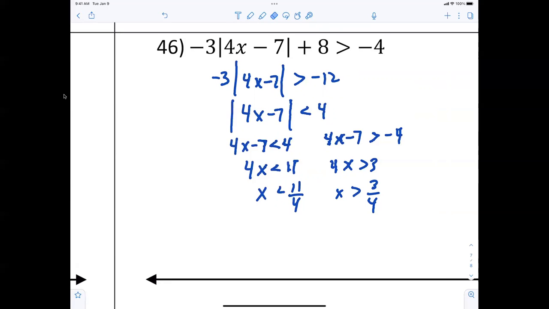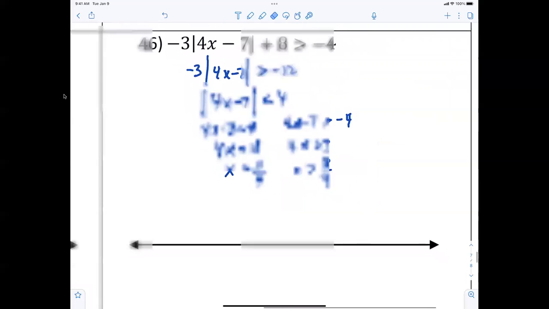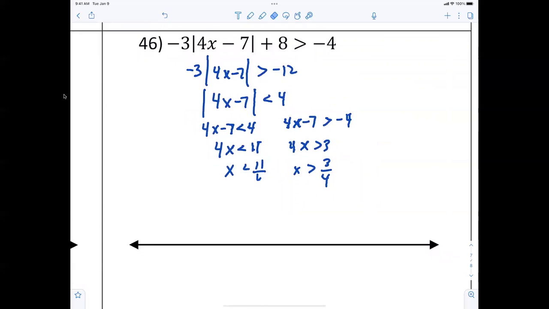Wait a second. Less than 11/4 and greater than 3/4. They're running towards each other, right? So you would say from 3/4 to 11/4.